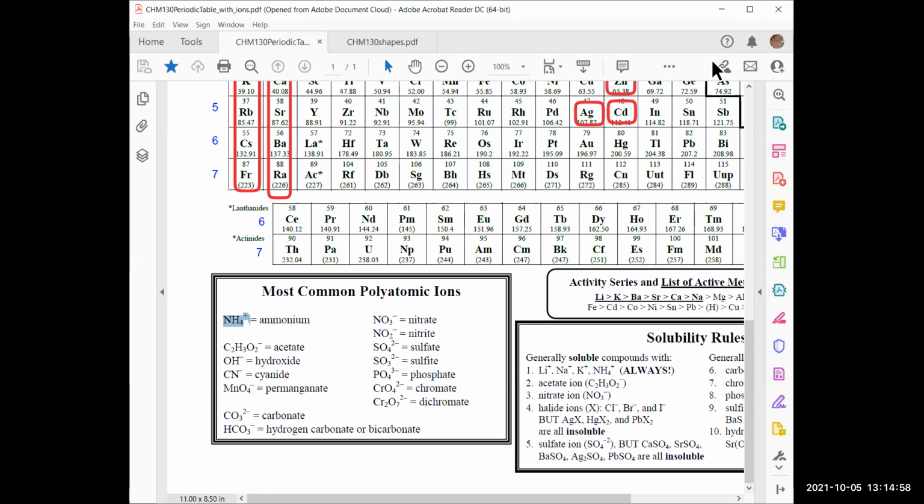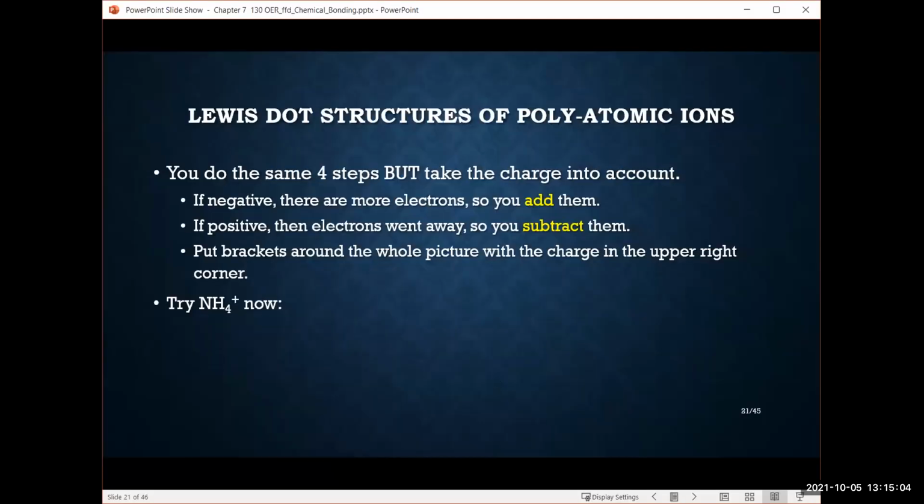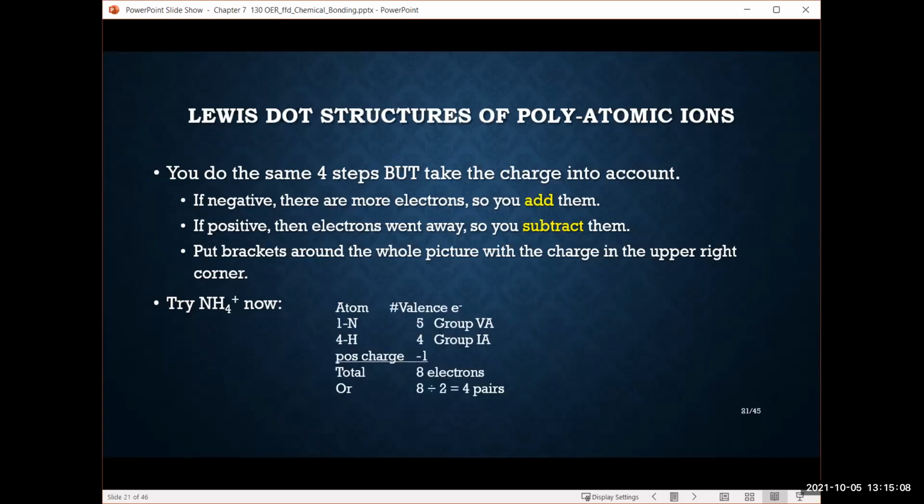Okay, so let's do its Lewis dot structure. Keep in mind it has a positive charge, so it's a cation. So being a cation, the charge up here is positive, we're going to subtract a value for the ion that we created.